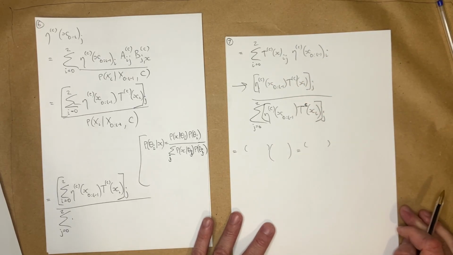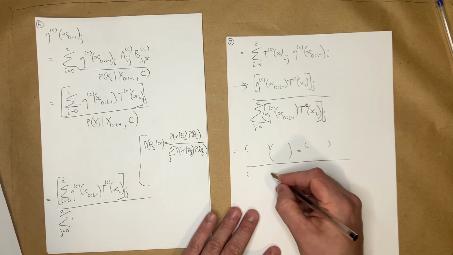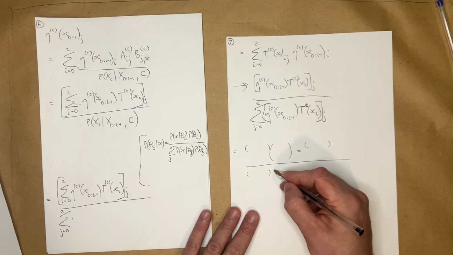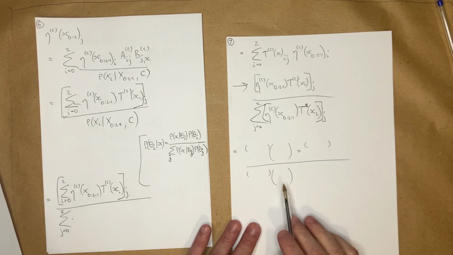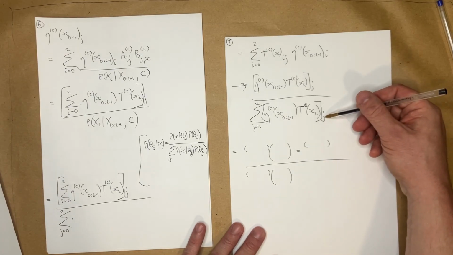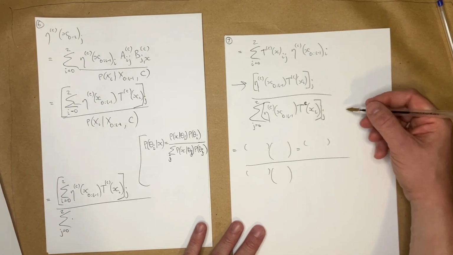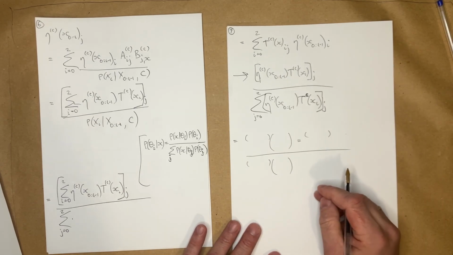on the numerator. On the denominator, we've got a sum over terms that look like this. So it's, again, a row vector, but now we're taking the sum over j, and so that is also just a scalar. So it is just a scalar divided by a scalar.